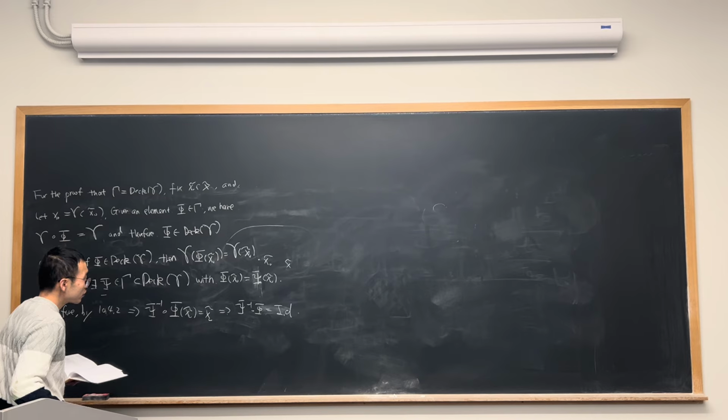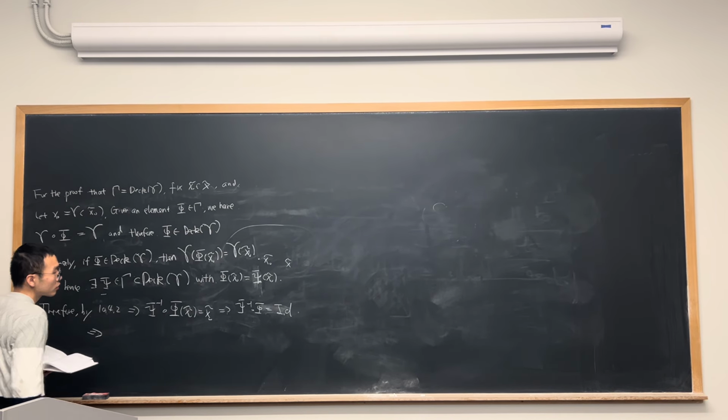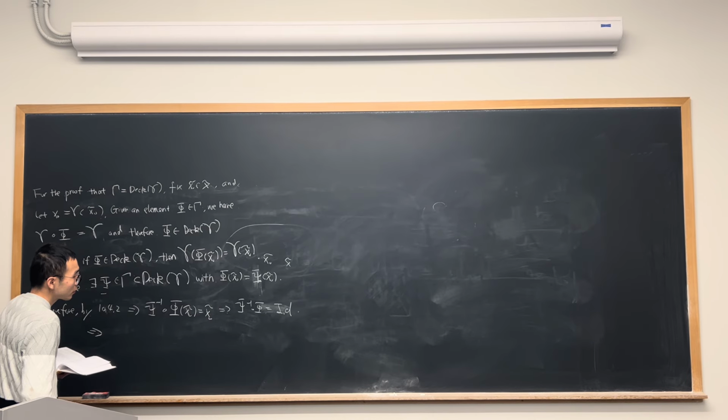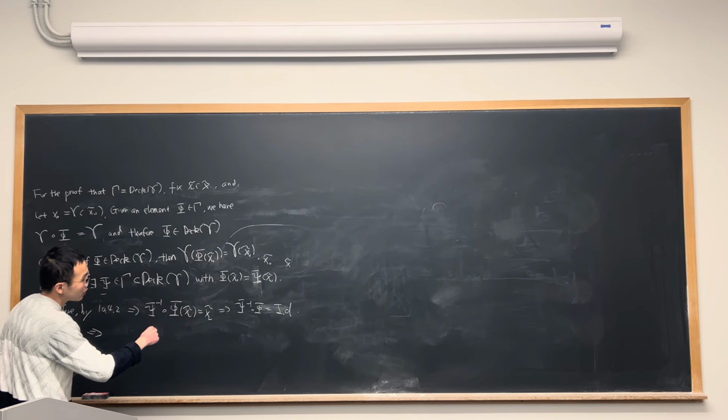So this implies that they are the same thing. Why are they the same thing? Basically, you just compose with phi on the left hand side, right?